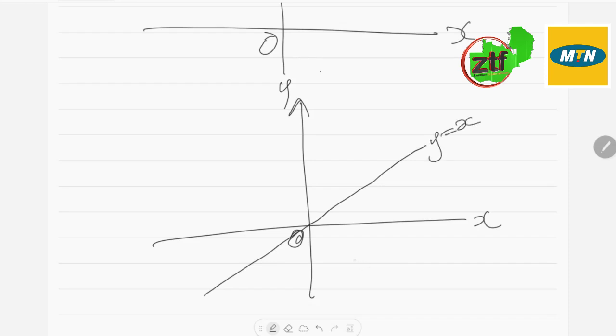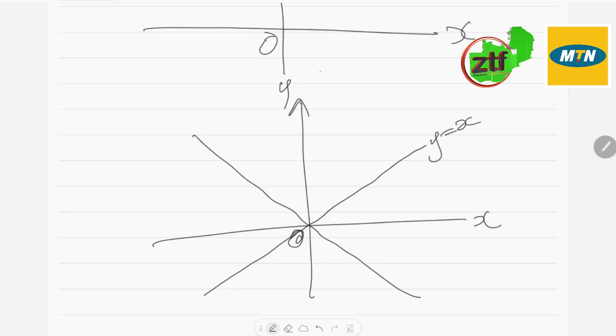And the line that passes through the origin slanting from top left to bottom right has a negative gradient, and we call this line y equals negative x. So you need to know those basic graphs.